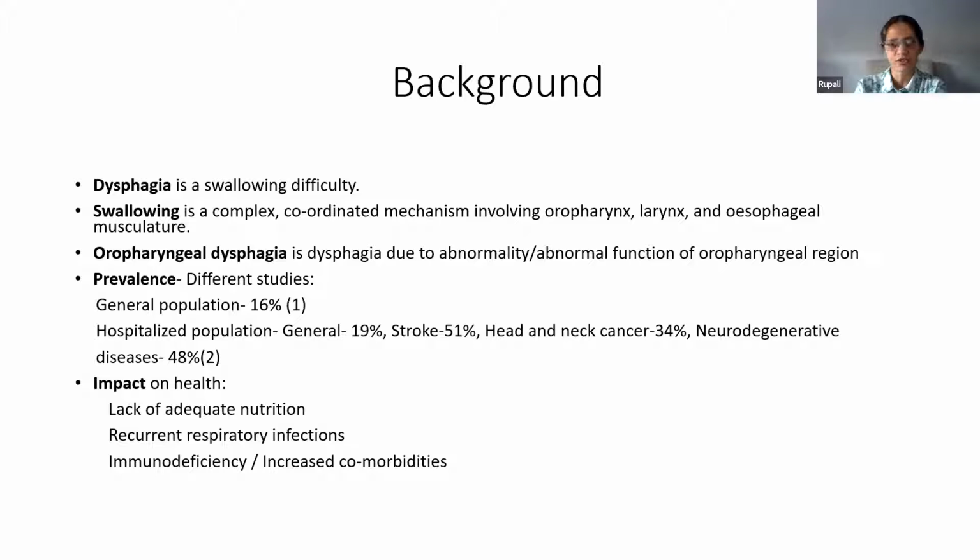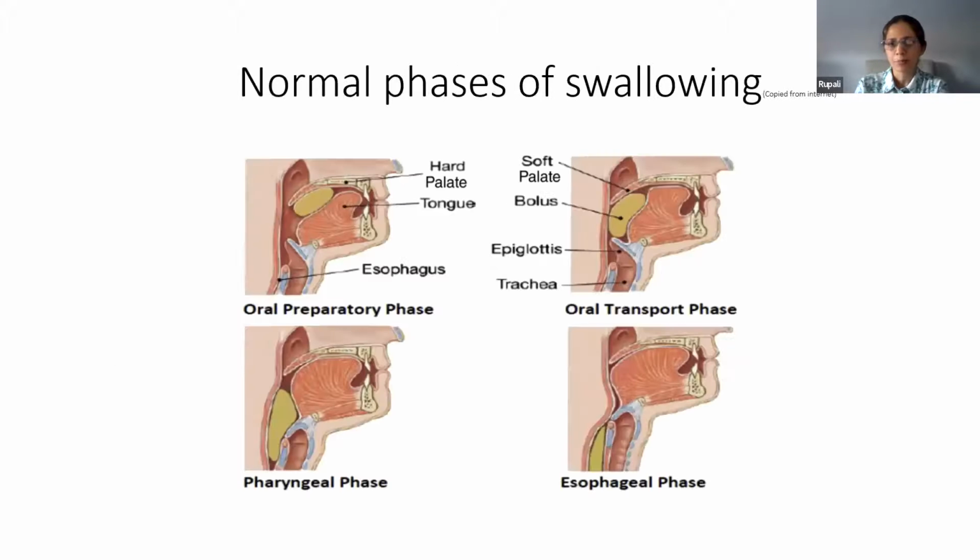In head and neck cancer, 34% of patients present with dysphagia. How does it affect health? Because of dysphagia, the lack of nutrition, recurrent respiratory infections, and aspirations cause more comorbidity.